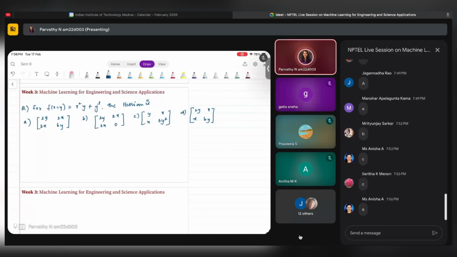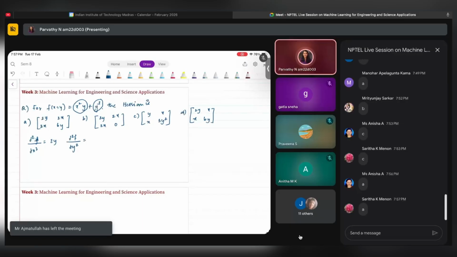Yeah, so you have to find the Hessian here. You have to take the double derivative. So x square y plus y cube, the double derivative. The first derivative will give 2xy, and when we take the derivative again, it is 2y. And dou square f by dou y square: when we take the first derivative, we get x square plus 3y square.